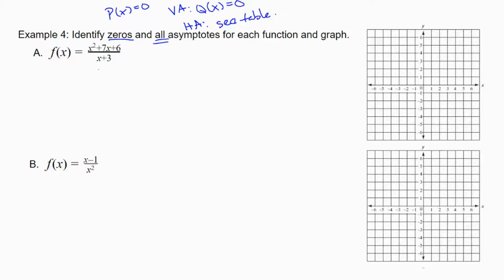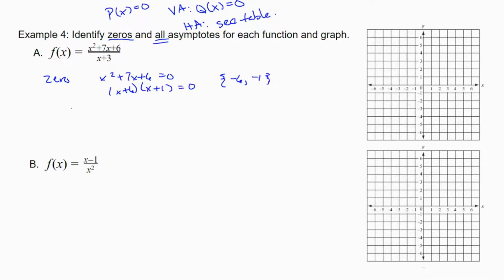Okay, so let's look at what we have here. Our numerator, I can't factor that and cancel it with what's here. So let's go ahead, zeros. We have x squared plus 7x plus 6. Hey, wait a minute. We did this one, didn't we? We have (x plus 6)(x plus 1), and that gave us zeros at -6 and -1.